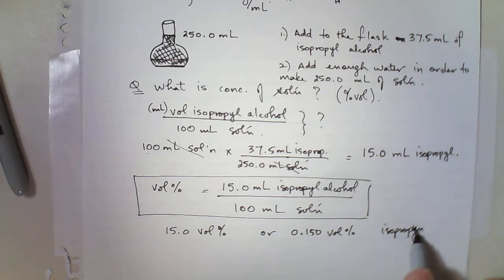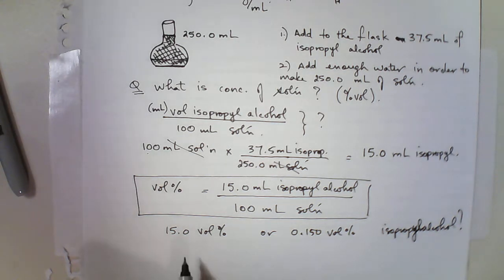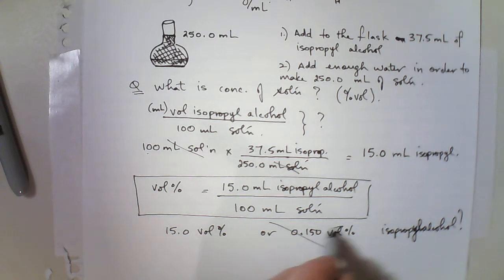Is it 15% or 0.15%? Well, if I told you that the solution was 15% by volume isopropyl alcohol, and you wanted to make that into a conversion factor, you would write that there's 15 mils of isopropyl alcohol per 100 mils of solution, whereas this one you would write that there was 0.150 milliliters of isopropyl alcohol per 100 mils of solution. So in fact, this is not it.